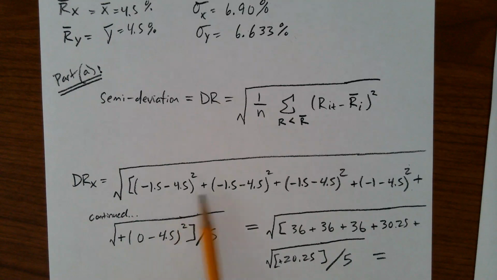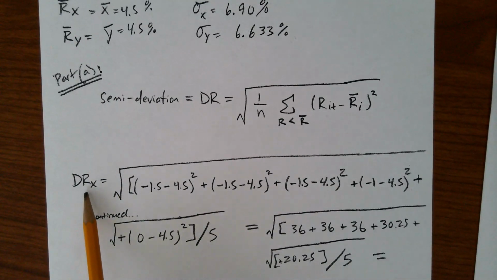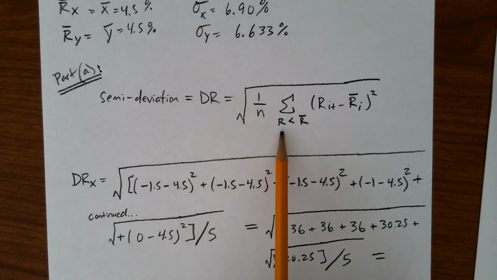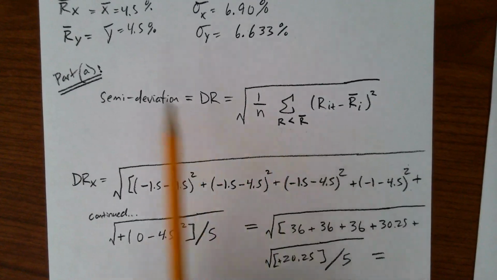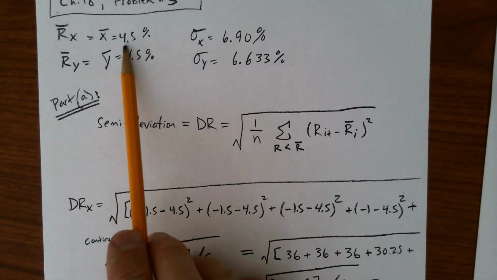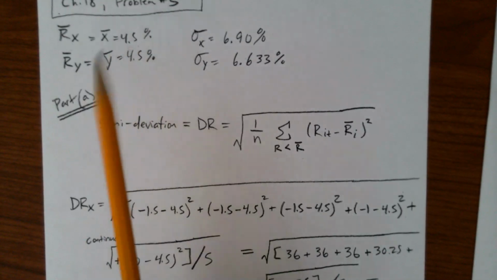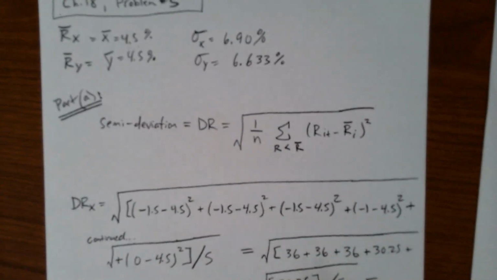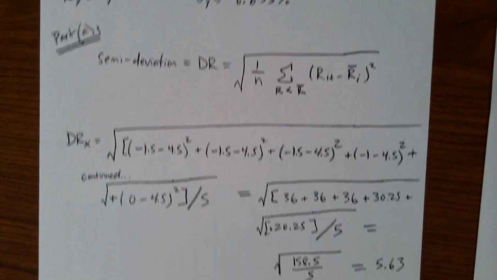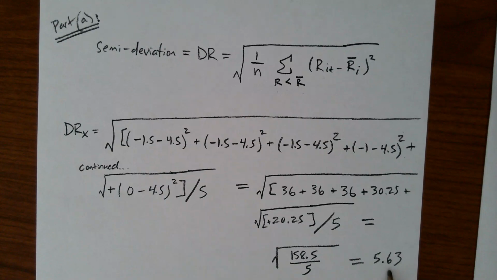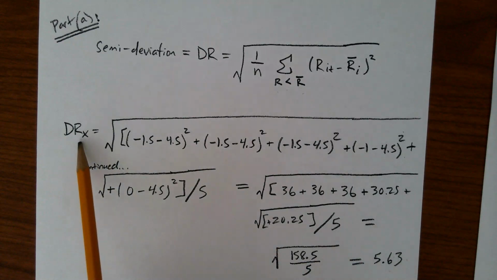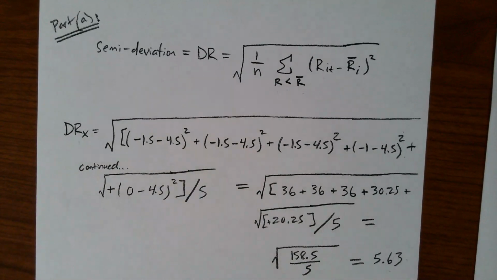So there were 5 of those 10 years of data that get included in computing downside risk because we only include returns less than the average. What was the average return for fund manager X? 4.5. That's why we only included the returns below that. We carry out the math, and you should get 5.63. So 5.63 is the downside risk for fund manager X.